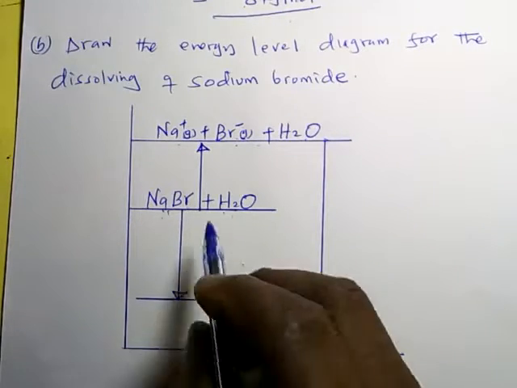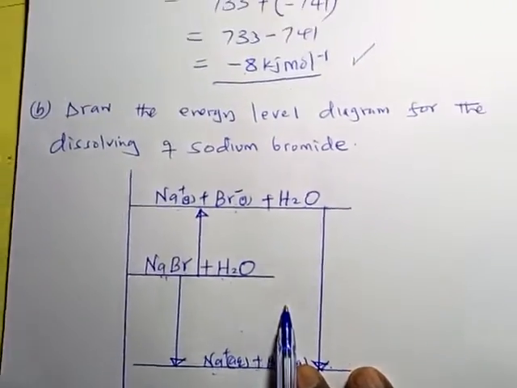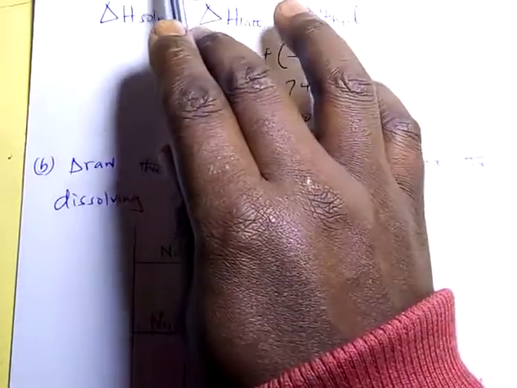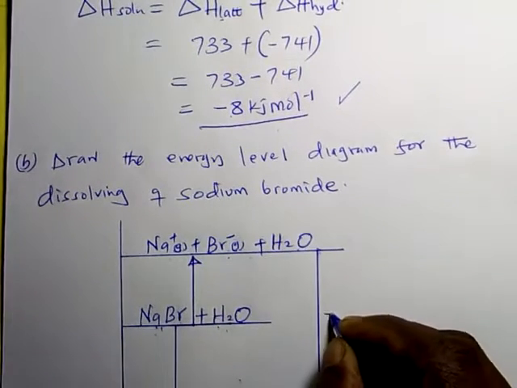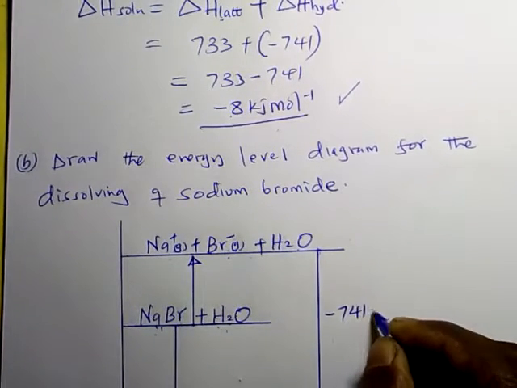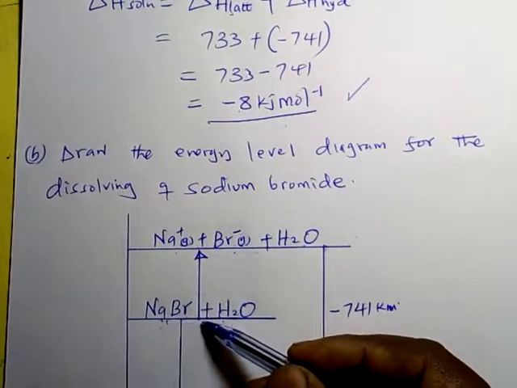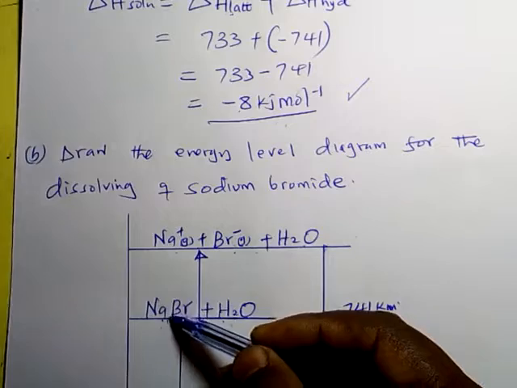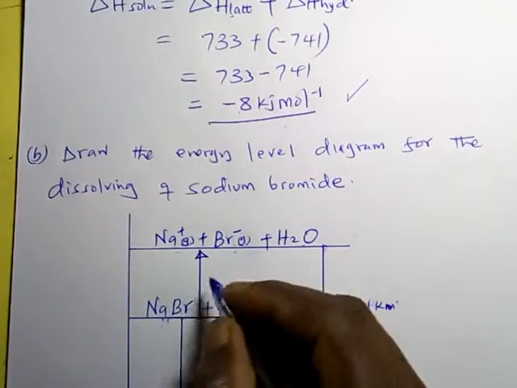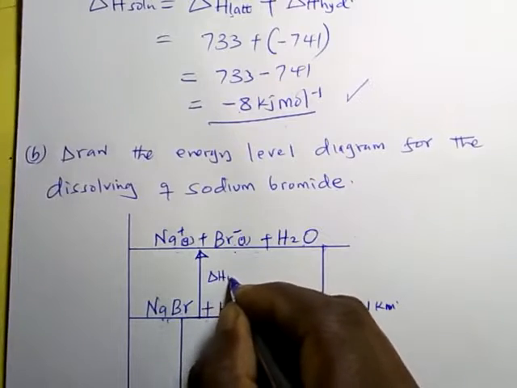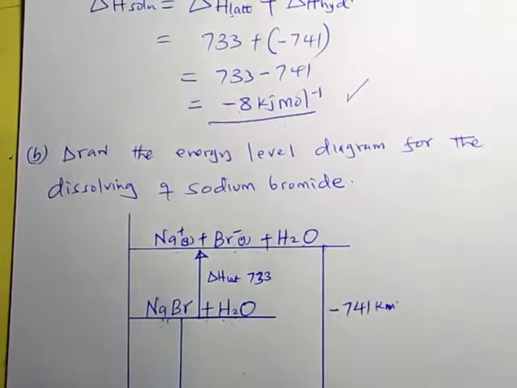Now we have this one, but from the equation we have hydration energy. Hydration energy is from here up to here, which is negative 741 kilojoules per mole. Lattice energy is the energy of breaking the bond to form sodium ions in gaseous form. That one is lattice, which is 733.